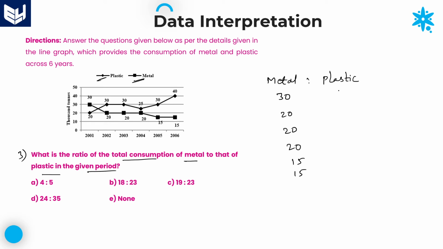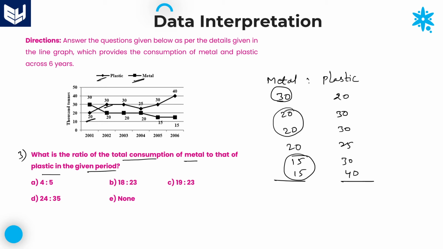Coming to the plastic values, the rhombus values, they start with 20, right? 20, and next 30, and next 30 again, and next 25, and next 30, and next 40. Now you can add these values all together. Here it is 30 plus 30, 60. 60 plus 40, 100. 100 plus 20, 120.